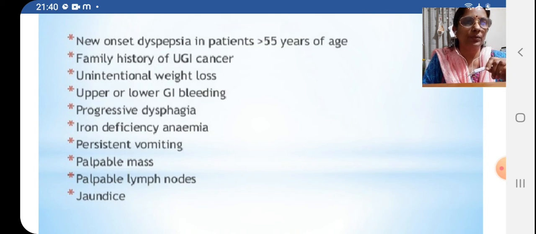When the patient is having all these symptoms, you have to suspect gastric carcinoma. Unintentional weight loss, upper and lower GI bleeding, progressive dysphagia, iron deficiency anemia, persistent vomiting, palpable mass in the epigastric region, palpable lymph nodes, jaundice. When you see all these features, you have to suspect gastric carcinoma.